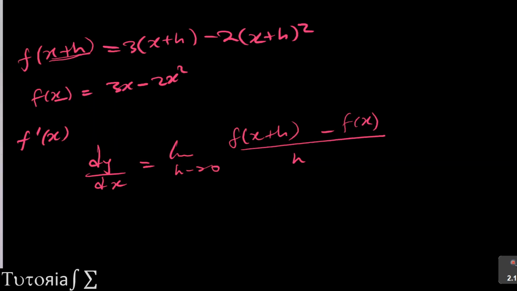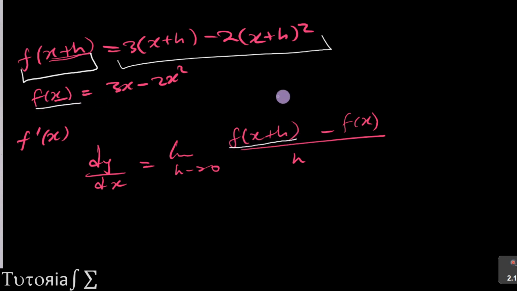So now we can replace these variables where we need them. So f of x plus h, which is equal to this, can be replaced here, and f of x, which is this, can be replaced here. So we're going to have dy/dx being equal to the limit as h approaches 0. F of x plus h we have, which is 3.